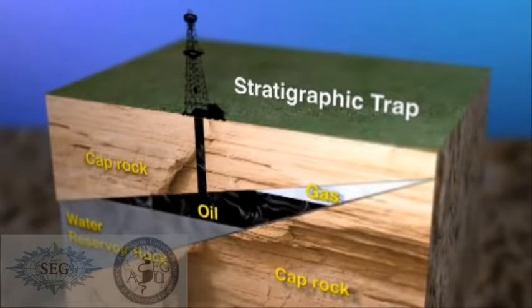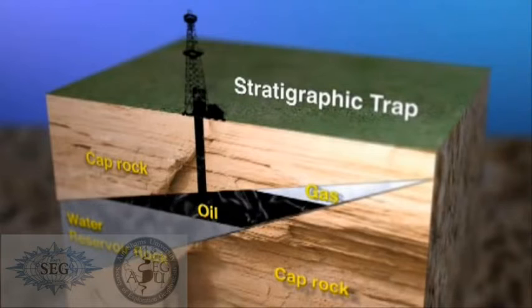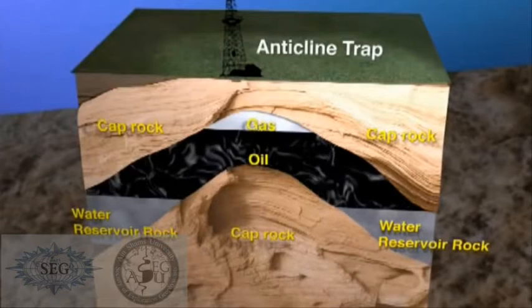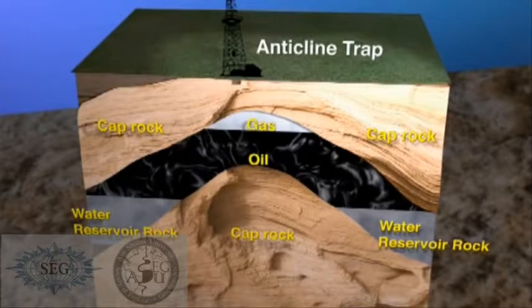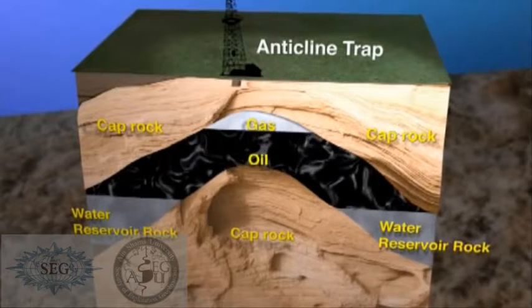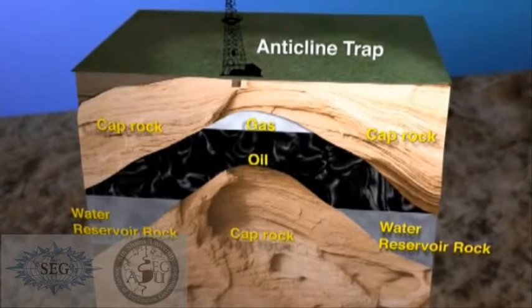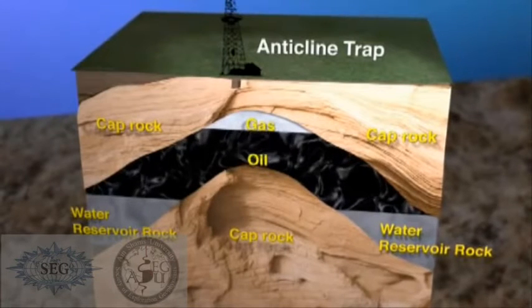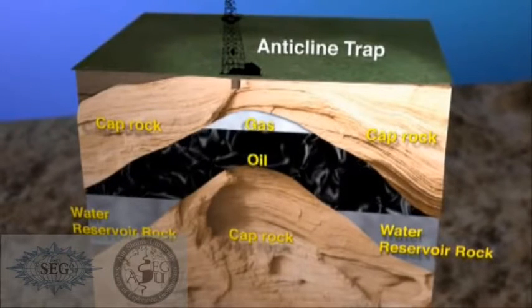For the second one, we can look over at what is called an anticline trap. When 2 continents smash into each other, or in a lot of other ways too, rocks can actually be folded. They can fold down into a U shape, or they can fold up into an arch shape. An arch-shaped fold is what is called an anticline trap. So this is a picture of an anticline trap.